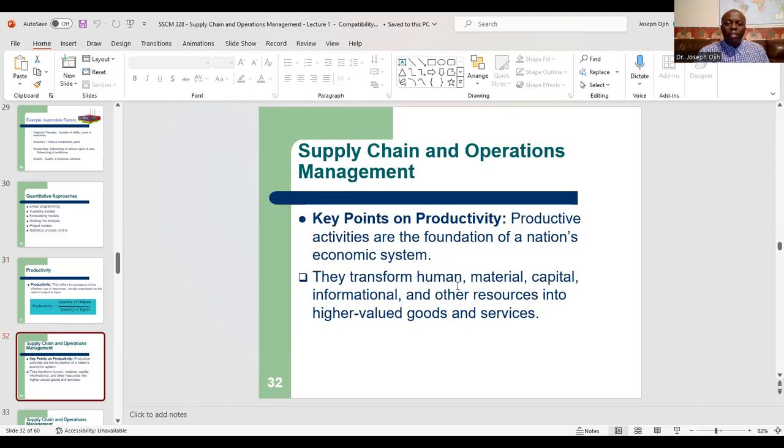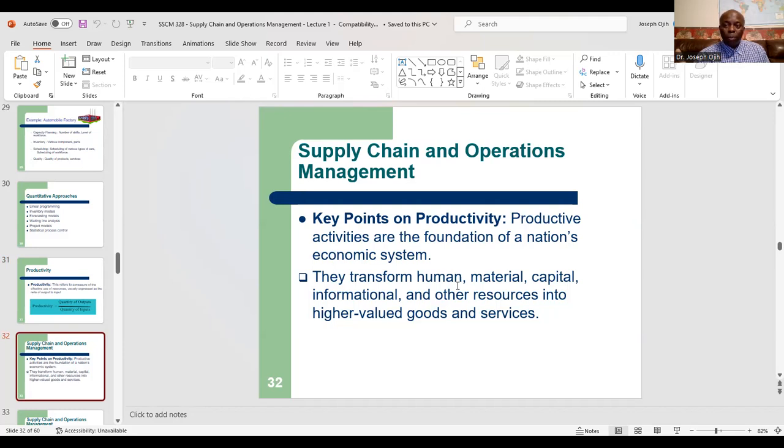Now, productive activities are regarded everywhere as the foundation of a country's economic system. When the corporations or businesses in the country are productive, that can translate into more sales. And what does more sales mean? More tax revenue for the government in the form of sales tax.